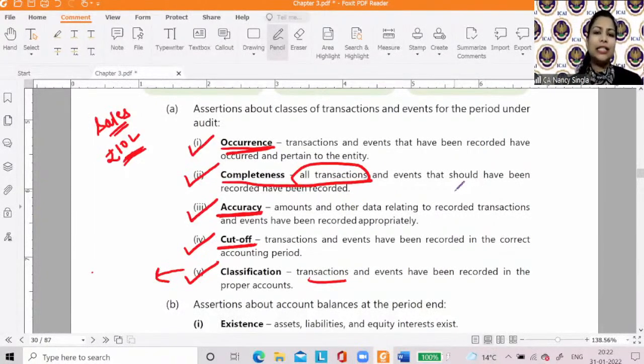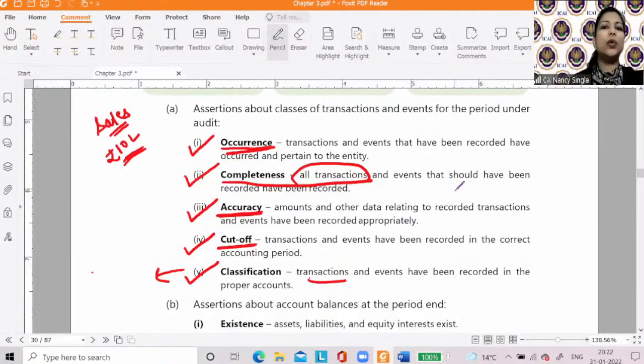Now, just imagine, whatever I have told you right now, are all these things written in the financial statement? That cut off, that only the sales pertaining to the current year are included? No. These are implied. Does the management mention that all sales is equal to 10 lakhs?